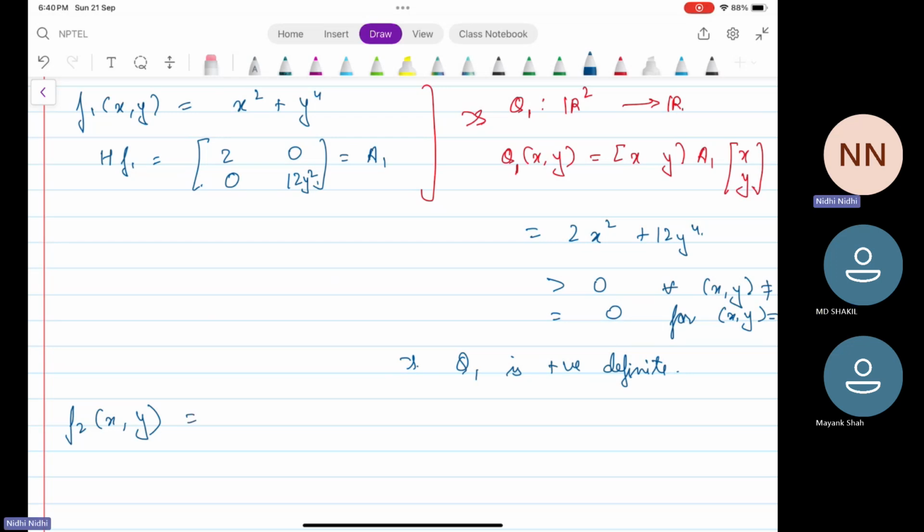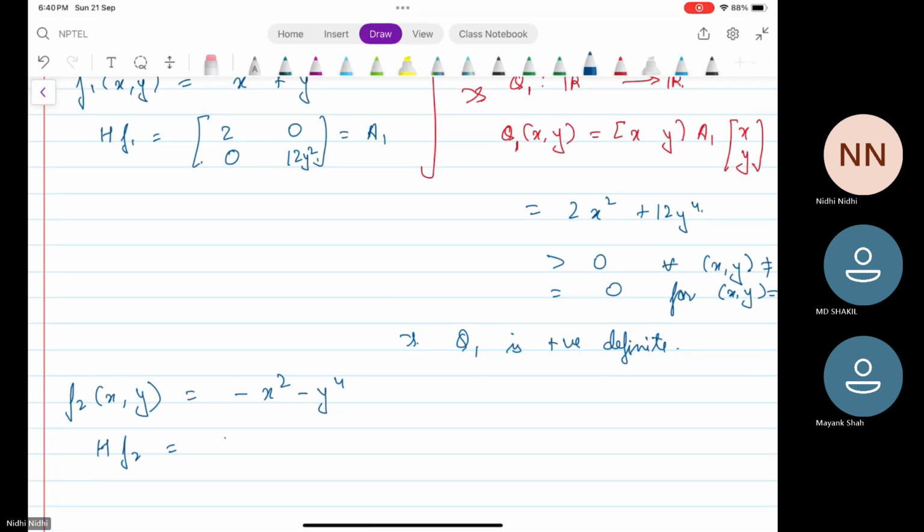F2(x,y) is minus x square minus y power 4. So what will be the Hessian? In this case it is just the negative, everything negative: minus 2, 0, 0, minus 12y square.